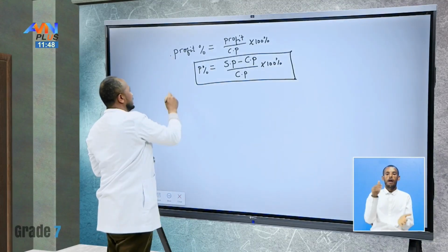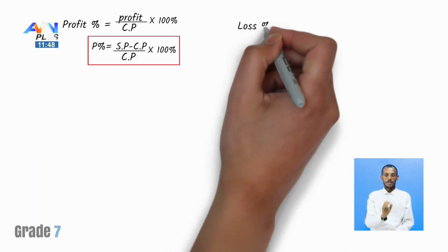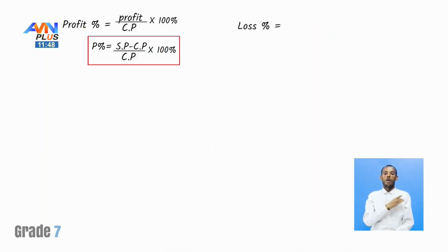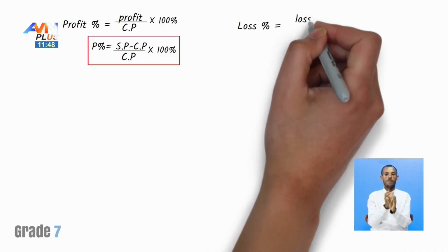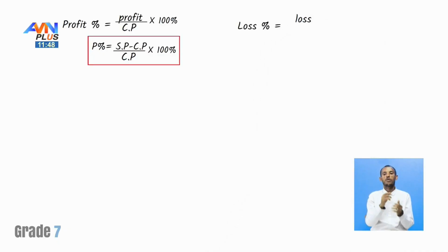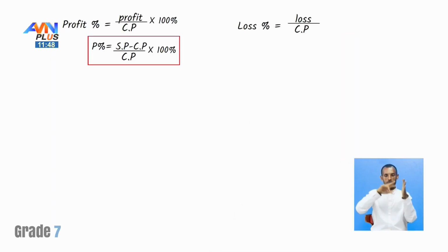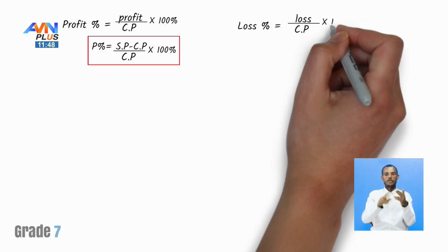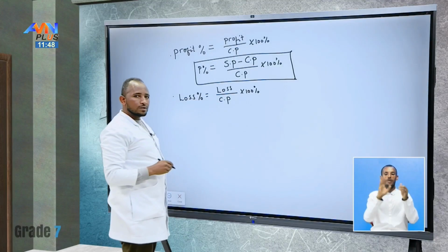Again, the loss percent is given by this equation. To calculate the loss percent, you divide the amount of loss by its original price, that means by its cost price, times 100%.